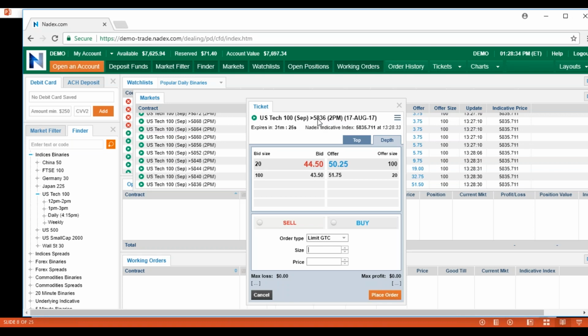If the market expires at 58.35, what happens with this contract? Like if I were to buy this right now and the market expires one tick below, is this a profitable binary or not profitable binary? Who can tell me that? Just by one tick. Exactly. Right, it would be a losing trade.